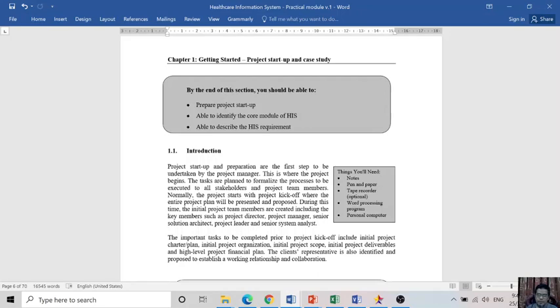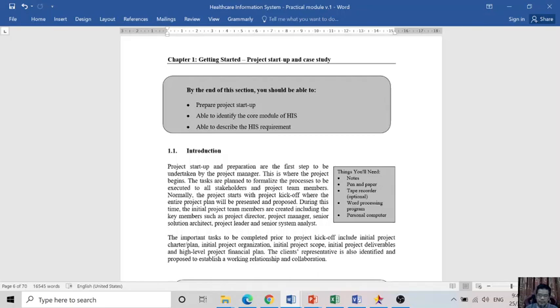This time we want you to develop the healthcare information system from the beginning until the end of the module.